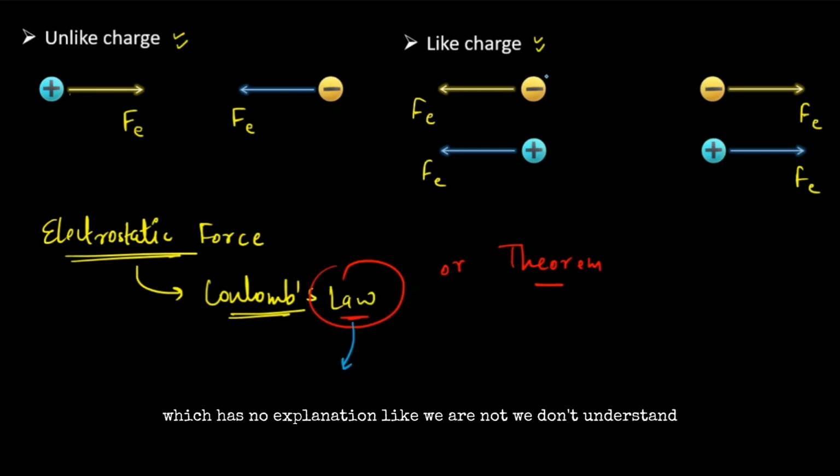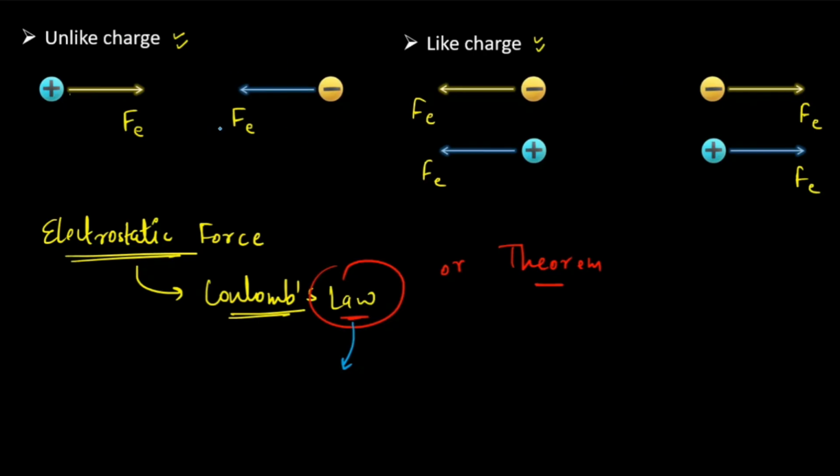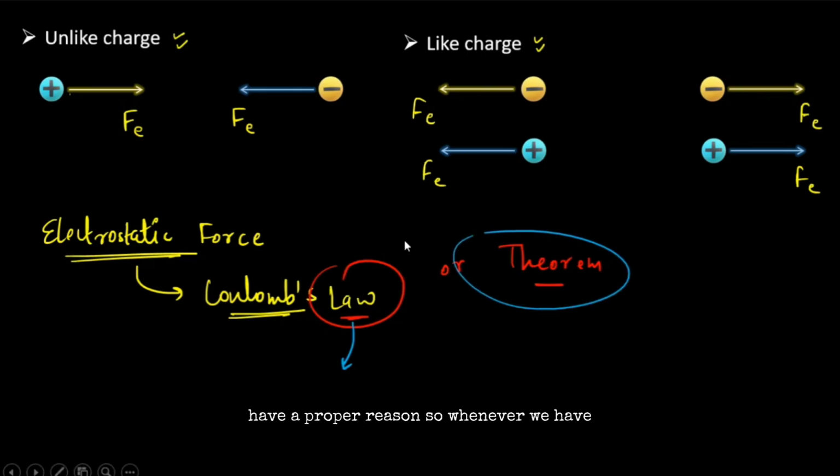Like we don't understand why negative repels negative, why positive and negative attract. But we figure out what the factors are with which this electrostatic force can be calculated. So we just figure it out and we call it a law. Whereas in theorems, we have a proper reason. Whenever we have a proper reason, in physics, we call it a theorem. And whenever we are just saying that these are the factors, and this particular thing depends upon them, or is proportional to them, that comes under the law.